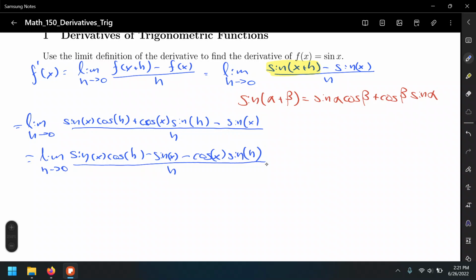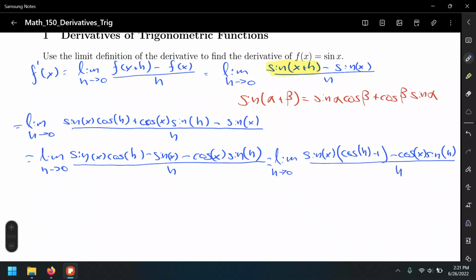That's going to look like the limit as h approaches 0 of sine x times cosine of h minus 1, plus cosine x sine h, the whole thing divided, of course, by h.